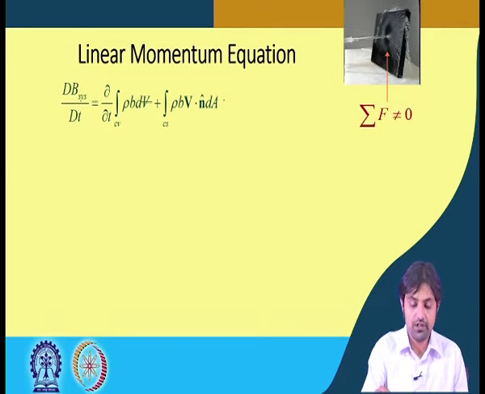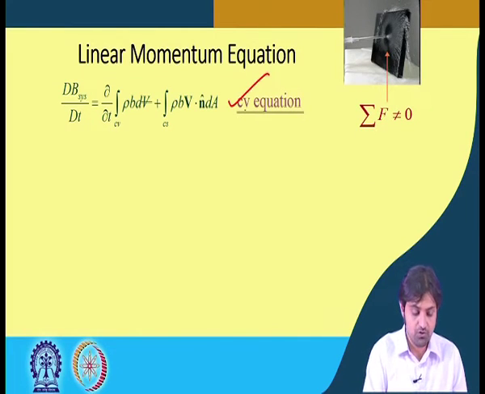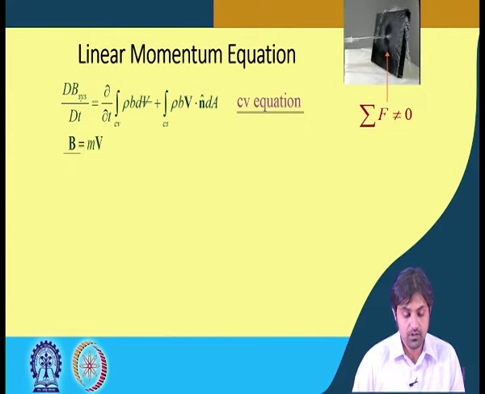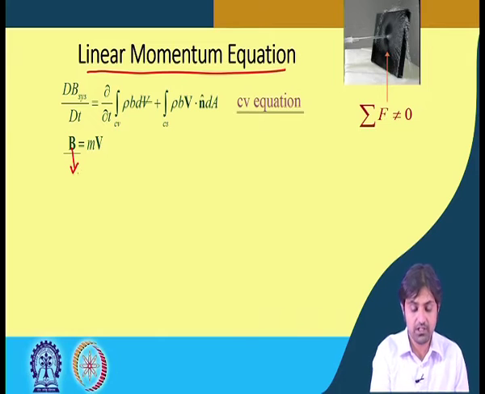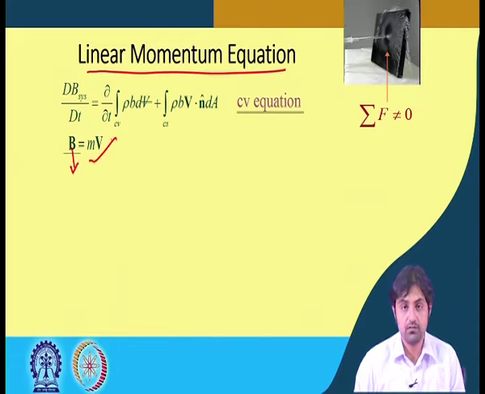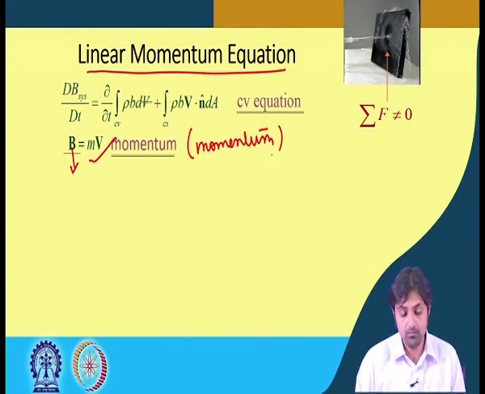Coming back to our Reynolds transport equation, this is the control volume equation, as I told you, from the Reynolds transport theorem. When we want to derive the linear momentum equation, capital B should be mass times velocity, or momentum.